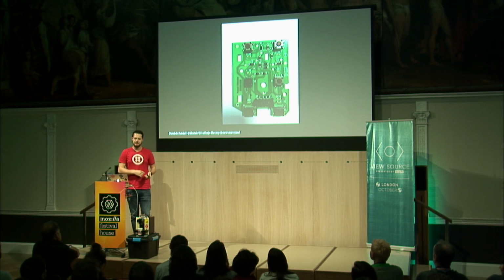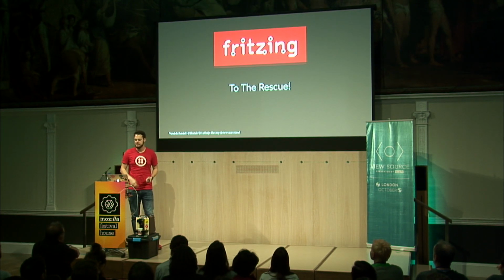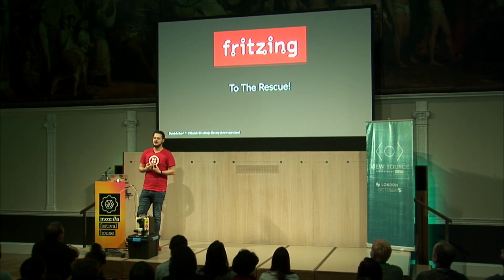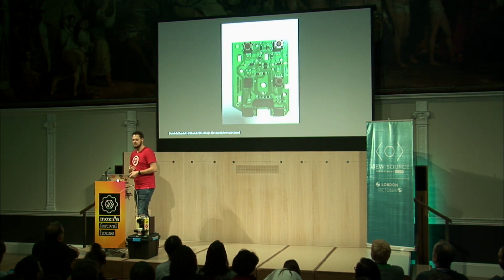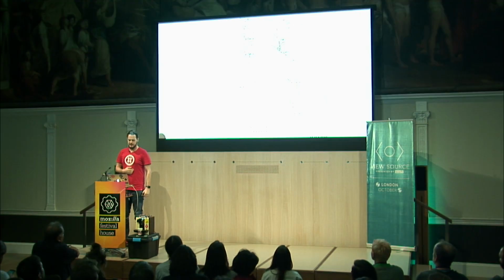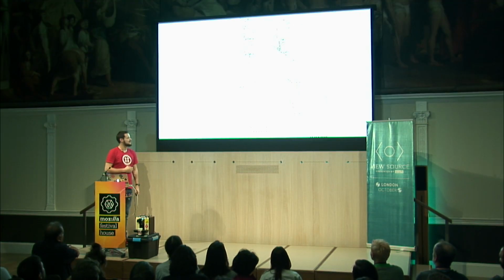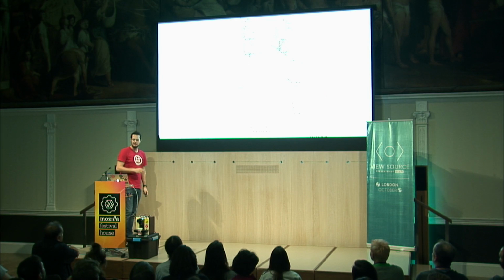Then we went quite literally to the drawing board by using an open source tool called Fritzing, which allows you to draw circuits or schemas of circuits. And so we turned this thing into this thing. I know it's very cleaned up and super useful.